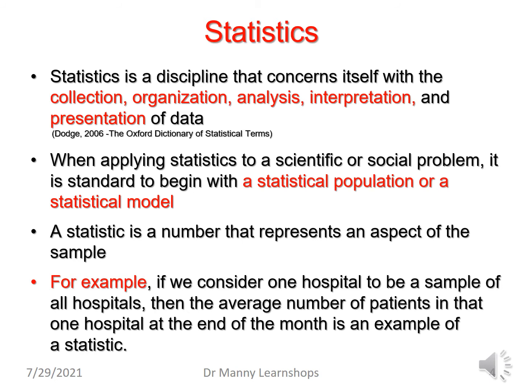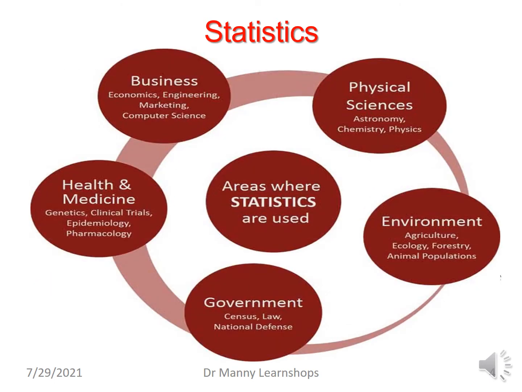For example, if we consider one hospital to be the sample of all hospitals, then the average number of patients in that one hospital at the end of the month is an example of a statistic. Statistics can be employed in many domains. Healthcare and medicine is what we're concerned with, but others may be involved in business, physical sciences, environment, the government. They're areas where statistics can be employed.